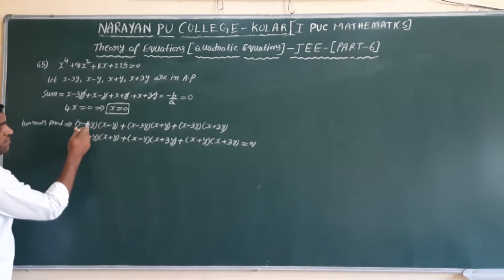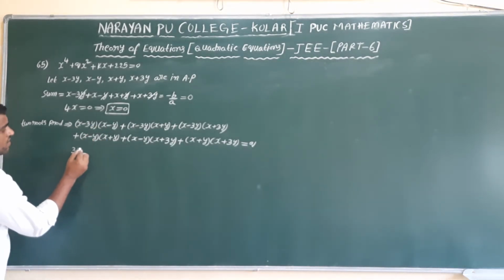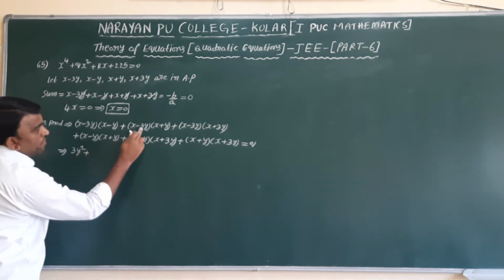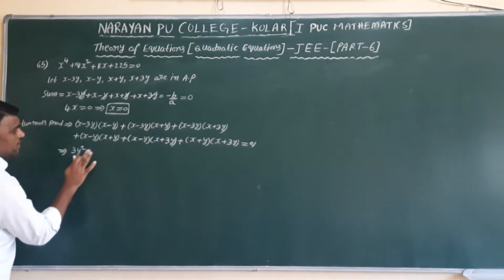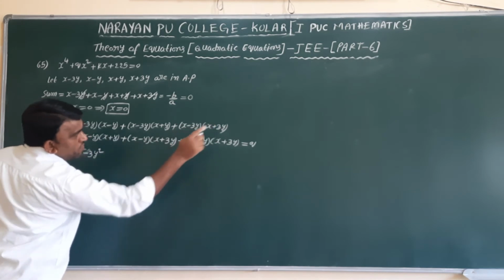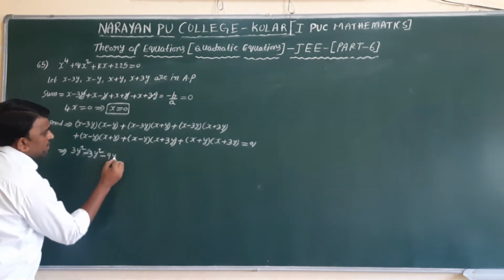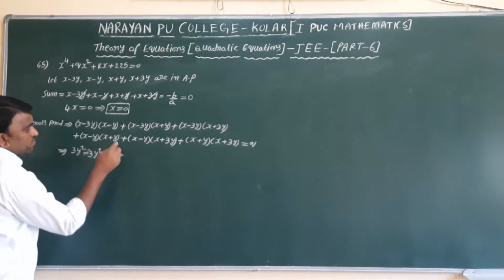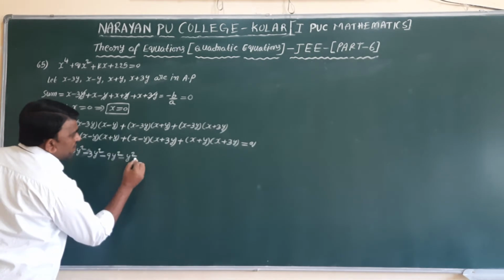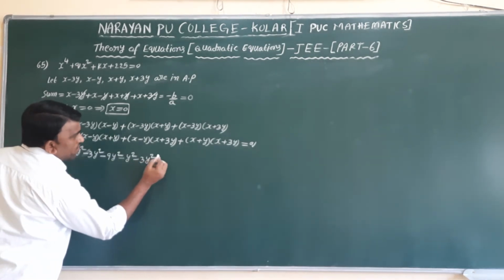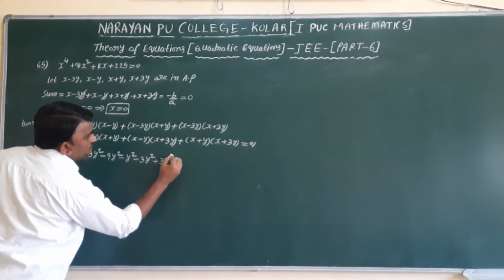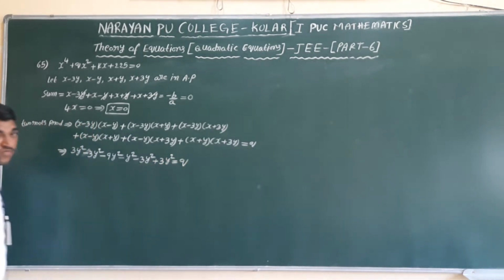Directly, minus 3y into minus y is 3y square, plus minus 3y into y is minus 3y square. Next, minus 3y into plus 3y is minus 9y square, minus y into plus y is minus y square, minus y into plus 3y is minus 3y square, plus y into plus 3y is plus 3y square, equal to q.